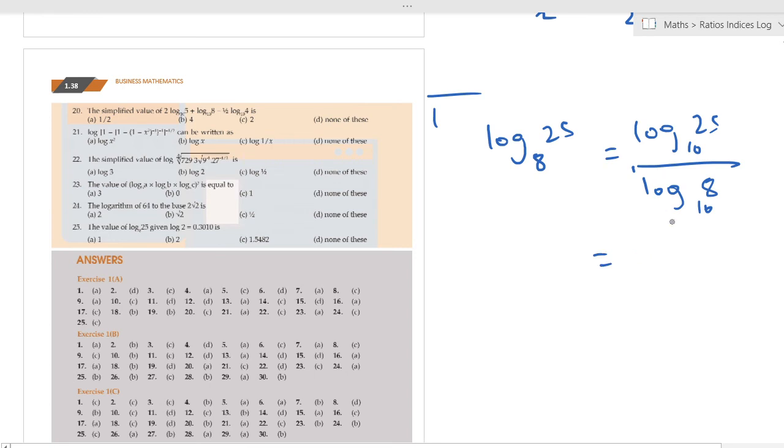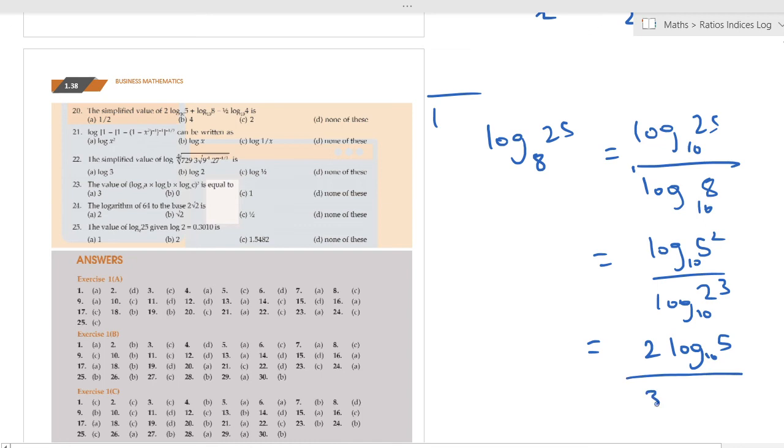So how do we write it? We write 25 as 5 squared, and 8 as 2 cubed, with log to the base 10. 2 cubed is 8, 5 squared is 25. So we know that in log m power n, the power will come in front. So it will be 2 log 5 to the base 10 by 3 log 2 to the base 10.